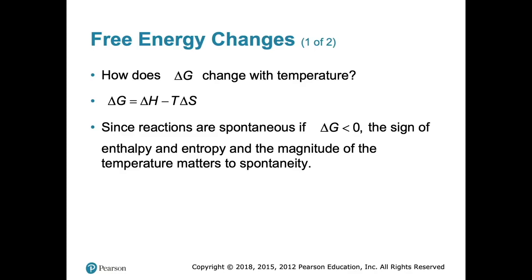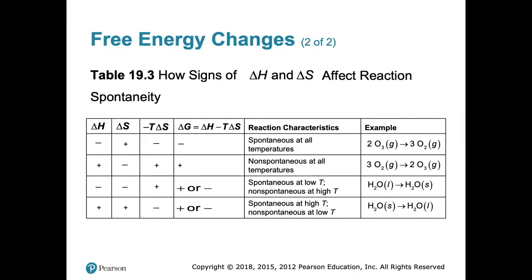So what this is telling you here is that temperature does matter, but you can't just say because it's on this side, delta G will go up if temperature goes up, right? You can't just do that because you don't know what the delta S is going to be, and you don't know what the delta H is going to be, and also it's a negative term, okay? So this, my friends, is your welcome chart right here.